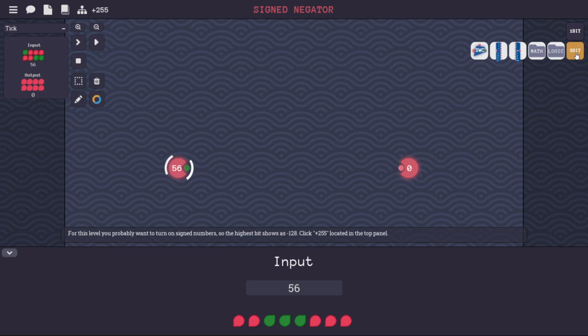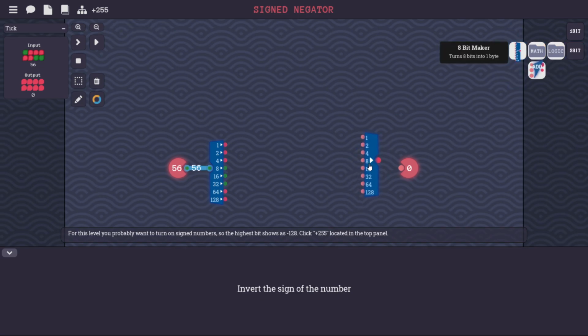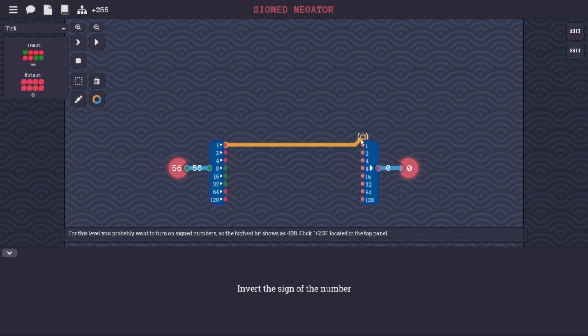So to negate it, according to what we can see, we only take the most significant, the last bit on top, and invert it. So from the 8-bit we took a byte splitter, and then we should also take a byte maker to send everything back as it was.